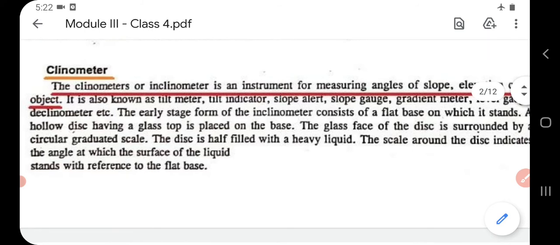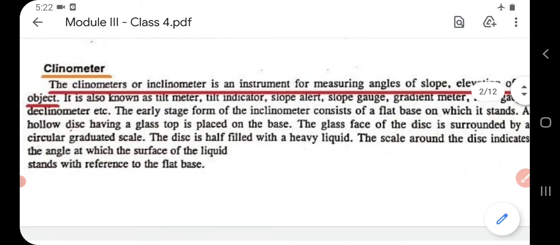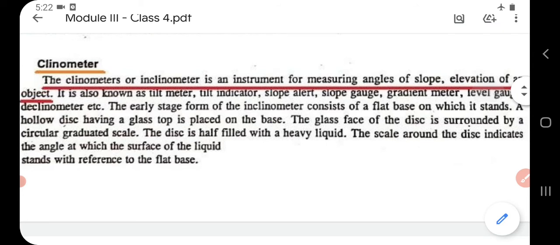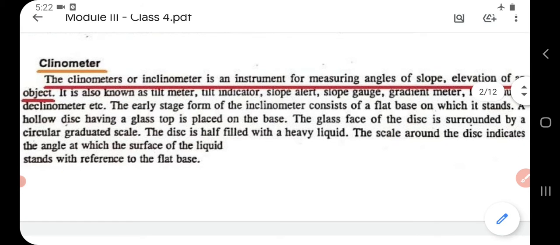The early form of clinometer consisted of a flat base on which this instrument was placed, and a hollow disc having a glass top placed on that base. Then the glass face of the disc was surrounded by a circular graduated scale, that is, a circular scale with markings.